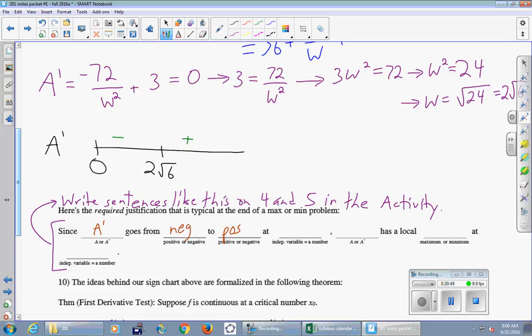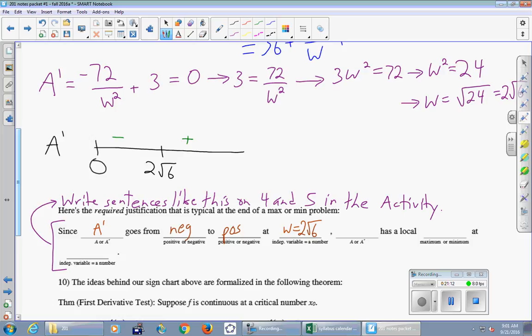At, and then you tell me the value of the independent variable. In this case was 2 root 6. I'm going to put the letter W in here as well, just to be clear. Oftentimes it's an X or a T, but just put, since it goes from negative to positive at W equals 2 root 6, blank has a local max or min.